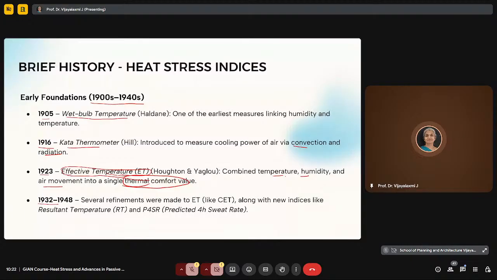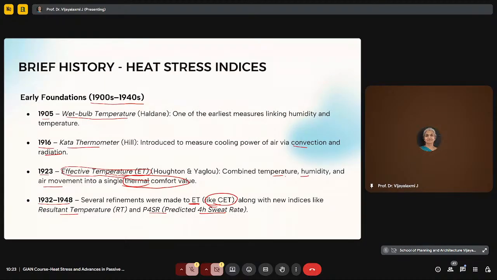Also, between 1932 and 1948, CET, corrected effective temperature. Refinements were made to effective temperature and called corrected effective temperature, along with certain new indices like resultant temperature or predicted 4-hour sweat rate. For details, you can see that book.